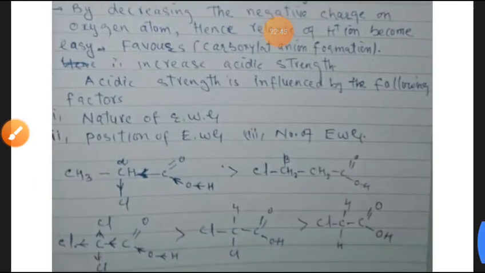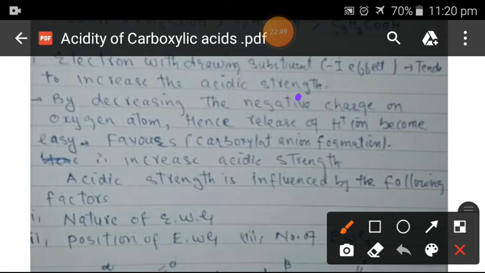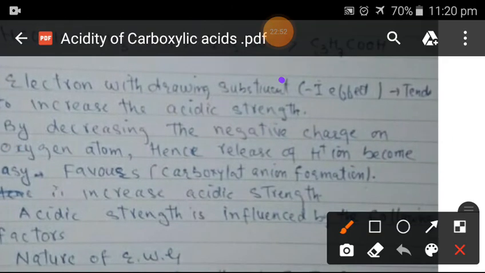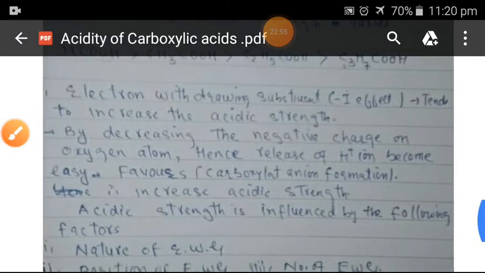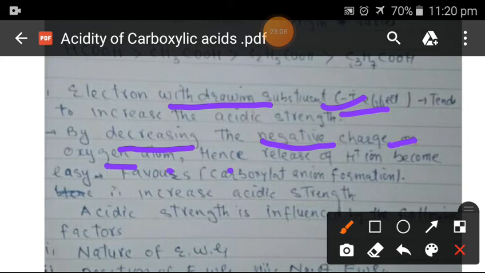So we have seen here that first, electron withdrawing substituents showing minus I inductive effect tend to increase the acid strength. First, by decreasing the negative charge on the oxygen atom, hence release of H positive ion becomes easy.